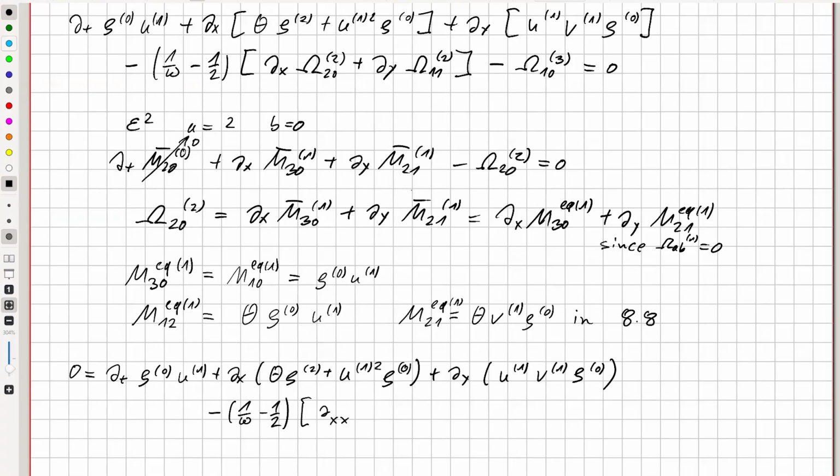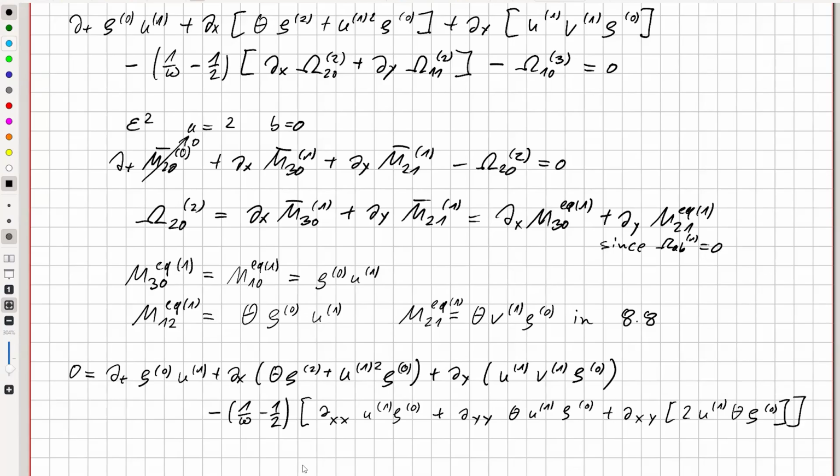So it's the second derivative in x to the first order rho to the 0 order plus dyy theta u to the first order rho to the 0 order plus dx dy 2 u to the first order theta rho to the 0 order.